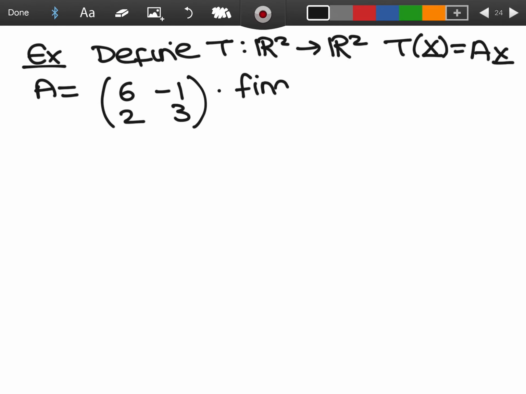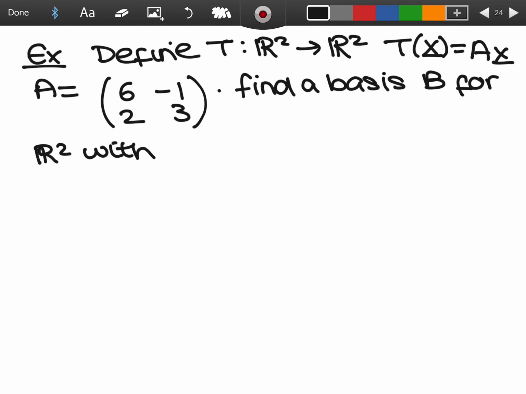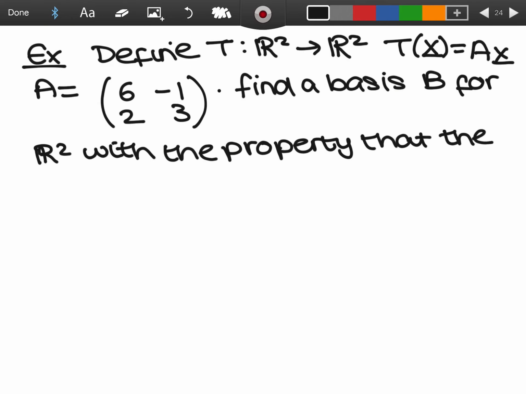Now I want to find a basis, call it B, for R squared, with the property that the B matrix for T is diagonal.